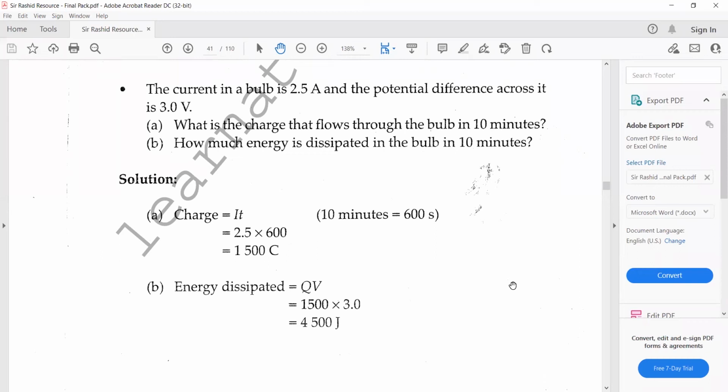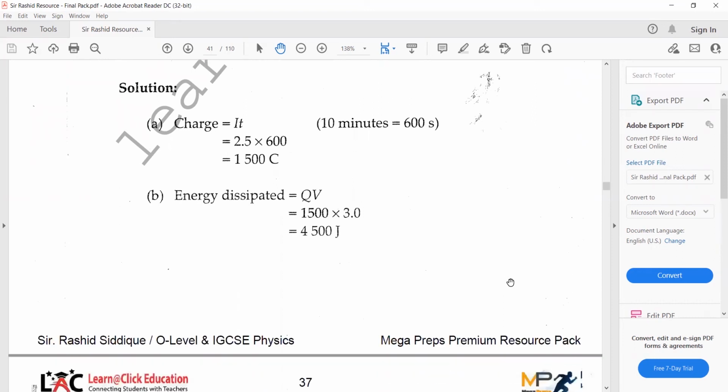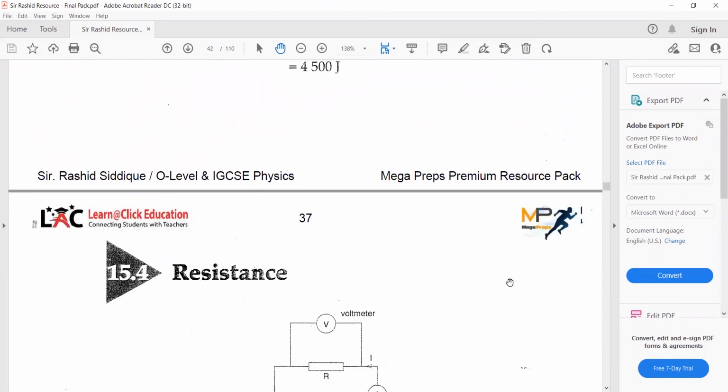Current is 2.5, time is 10 minutes. Multiply by 60, you will get 600. So charge, you will get 1500 coulomb. And then you have to find energy, which is charge into voltage. So these are basically small numericals. Keep it in your mind. This type of small calculation you can have in multiple choice questions as well.